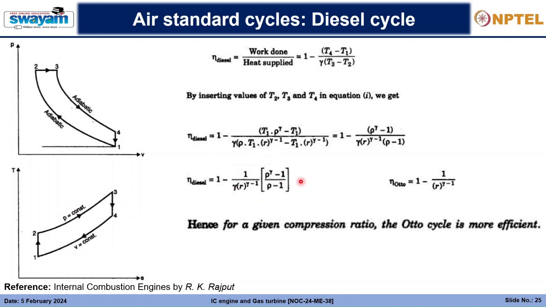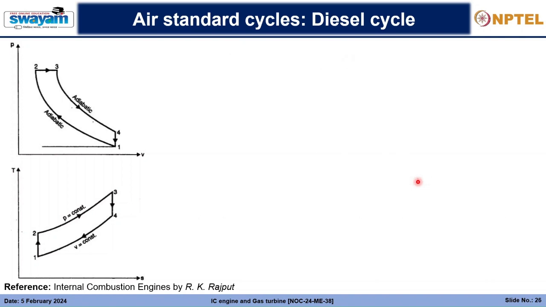This negative term is a little bigger for the same compression ratio R, so the efficiency is less in the case of the diesel cycle. This is a very common question: for a given compression ratio, the efficiency of the Otto cycle is higher than the diesel cycle. You should keep that in mind.